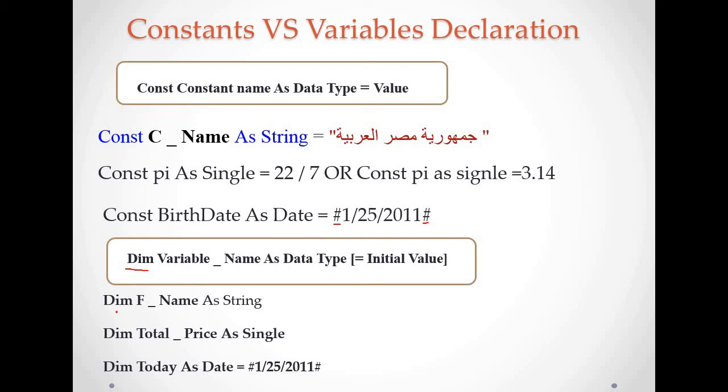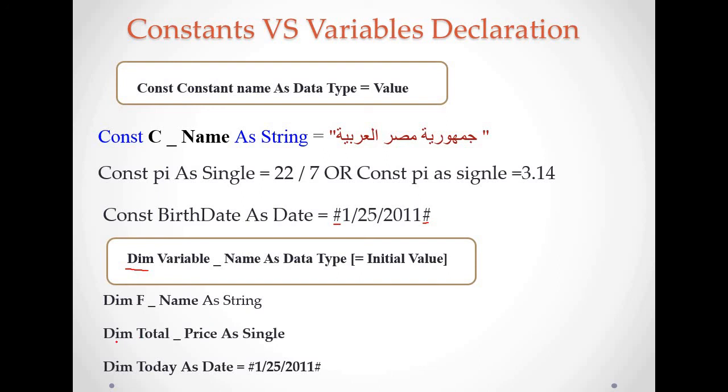So here in this one, for example, Dim is the declaration for the variable, and then the variable name, and after the word As, we put the data type. The data type here is String, so the value given by the user is a text, but we don't know the value because it's a variable.